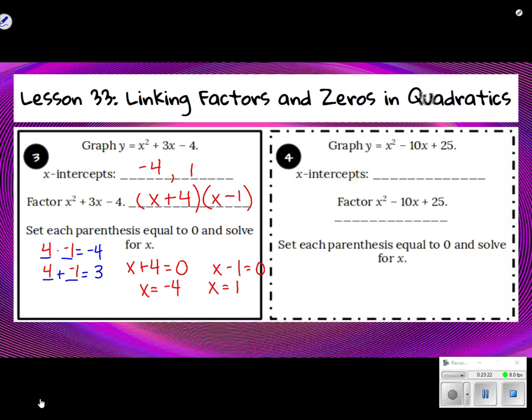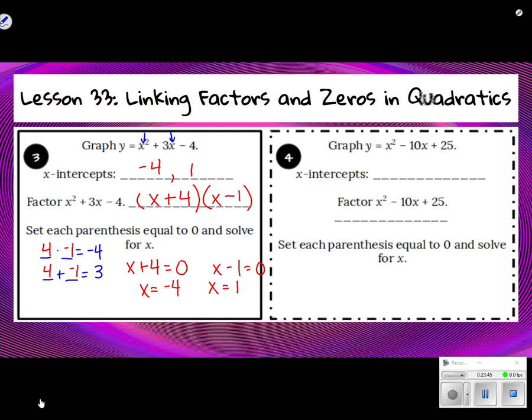If I plugged in -4 for x in my original equation, I should be able to get 0. And if I plug in 1 in my original equation, I should be able to get 0. If I graph x squared plus 3x minus 4 and look at where it crosses the x-axis, it should cross at -4. It should cross at +1.